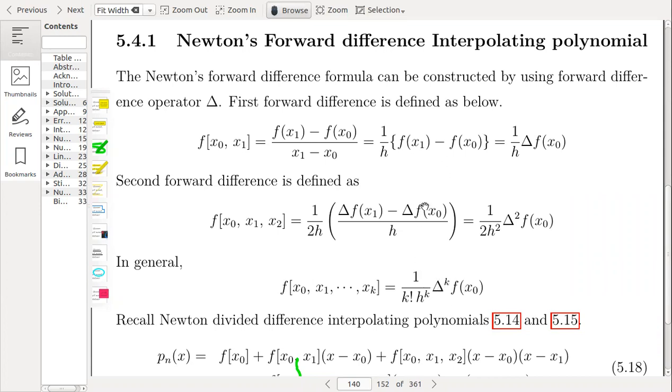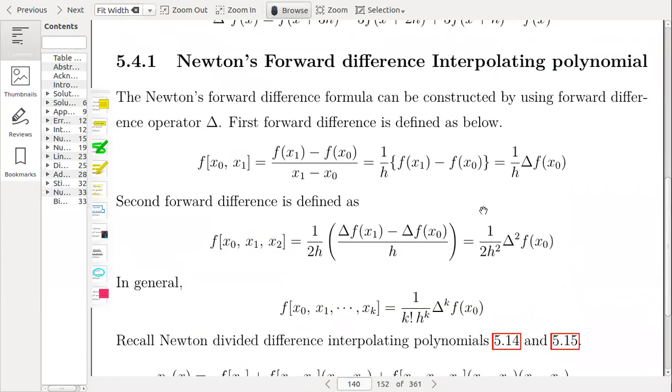So what is the advantage of using forward difference? Just imagine that here we need only one point, which is x naught, and we will calculate the value of the function at x naught. So here again at x naught, again at x naught. So it is easy to generalize. Just observe this term.